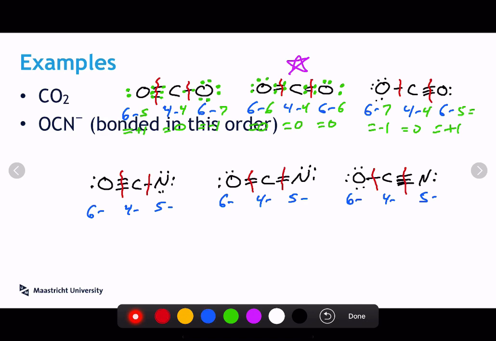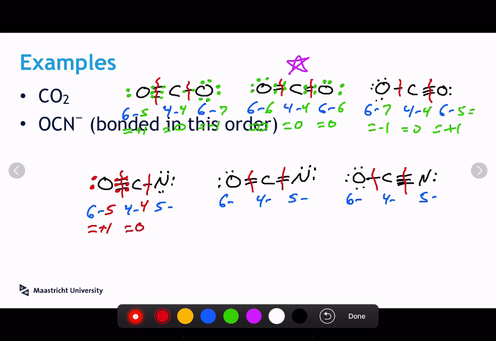In the first structure, we have oxygen with 5, so 6 minus 5 is equal to plus 1. Our carbon has 4, and 4 minus 4 is equal to, I'm sorry, not plus 1, equal to 0.